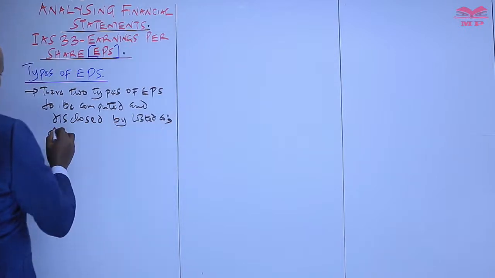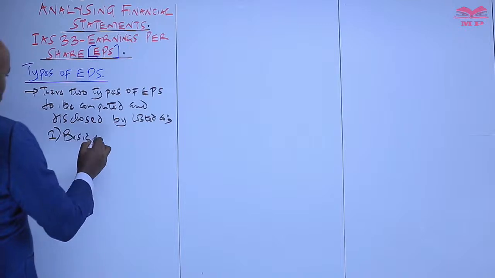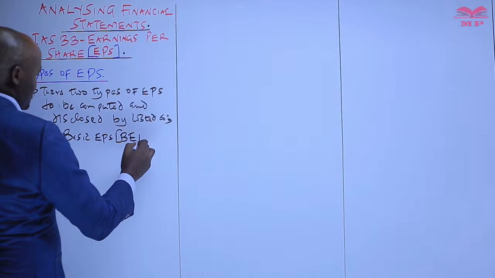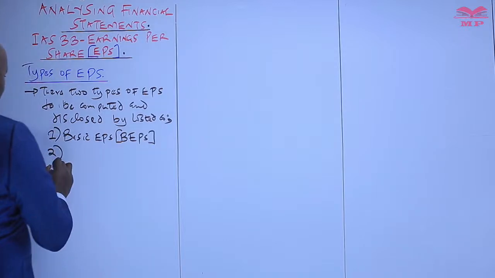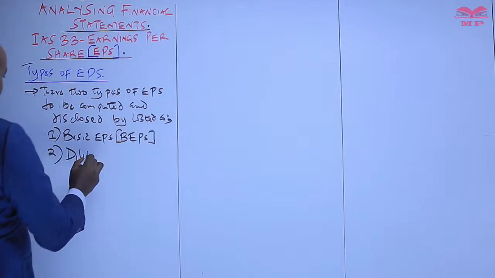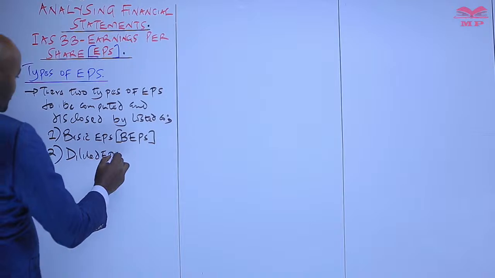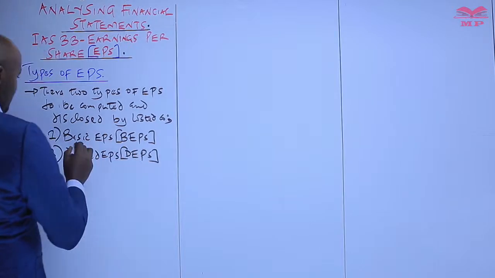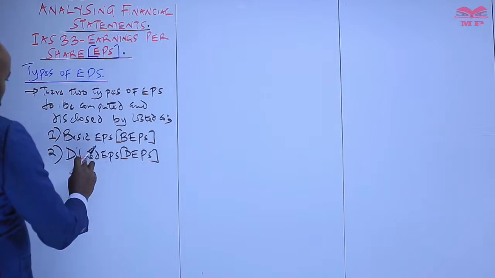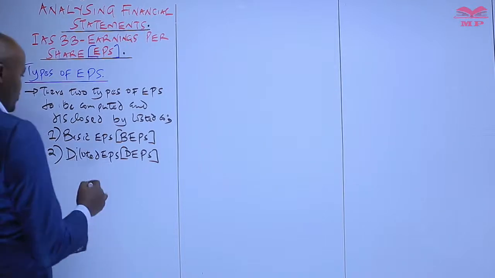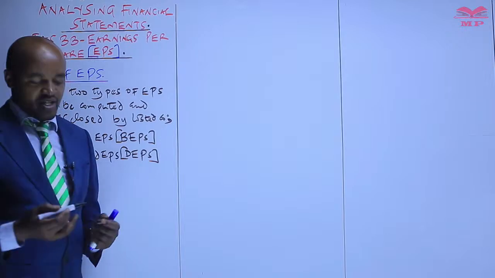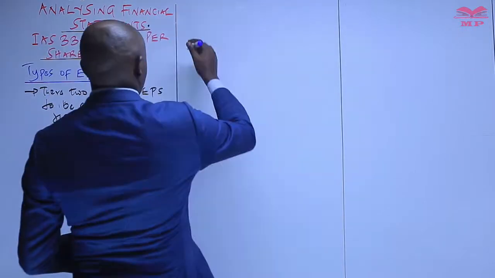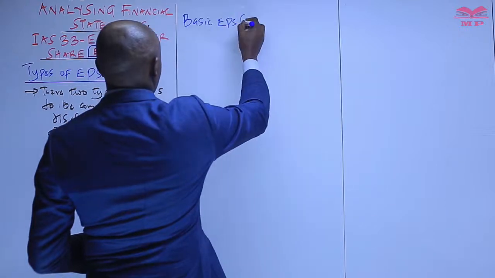Number one, we have the basic earnings per share, abbreviated as BEPS. And number two, we have the diluted earnings per share, abbreviated as DEPS. So what we're going to do as far as this topic is concerned is look at how these two types of earnings per share are computed. Let's start with the first one, the basic earnings per share, BEPS.